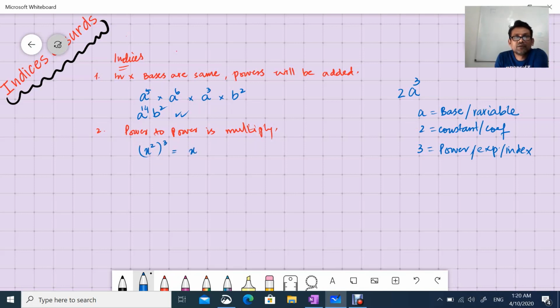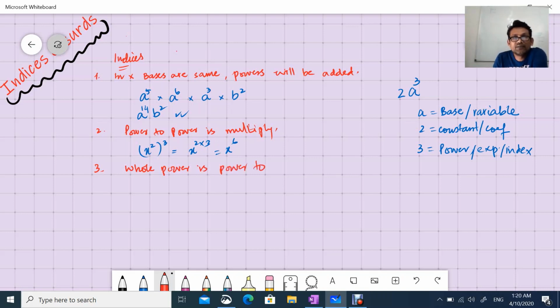So this will multiply, 2 times 3 is 6, the whole power. So power to power is multiplied. Rule number 3: the whole power is the power to all. The whole power is power to all.